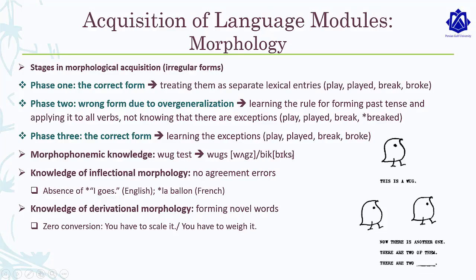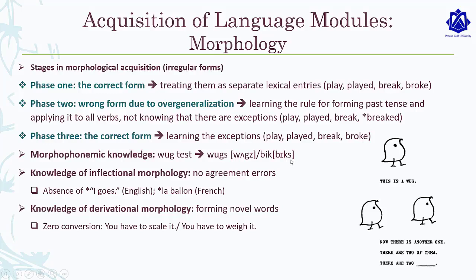So then, because k is a voiceless sound, the plural morpheme becomes similar to that through assimilation, if you remember it from previous semester, that we had assimilation. In assimilation, two sounds become similar to each other, like what we have in shanbe, shambe. So here, the two sounds become similar.